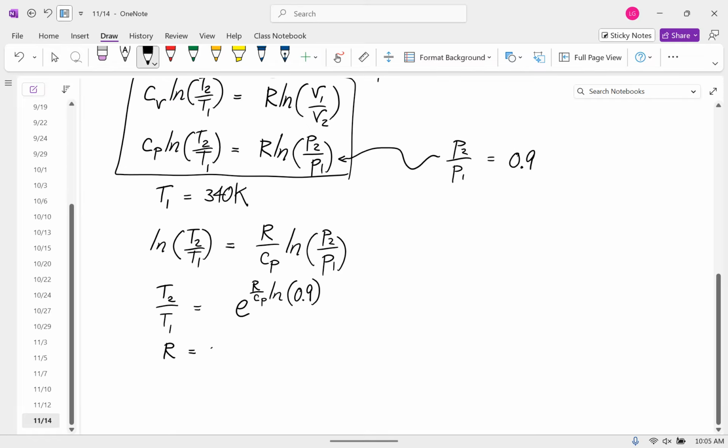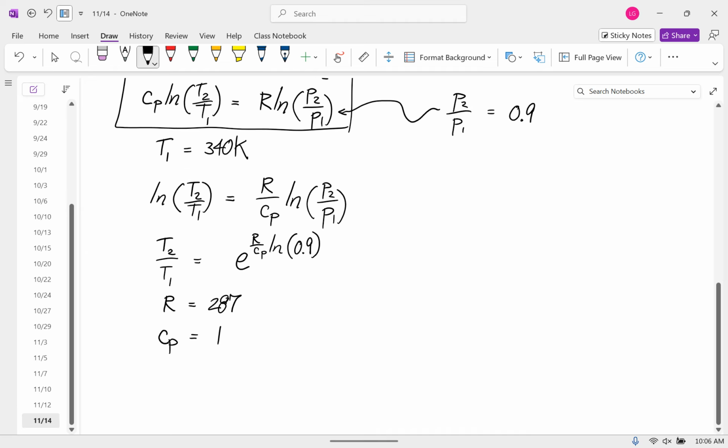R for air is 287 in SI units. CP is 1005, and CV is 1005 minus 287, which is 718.